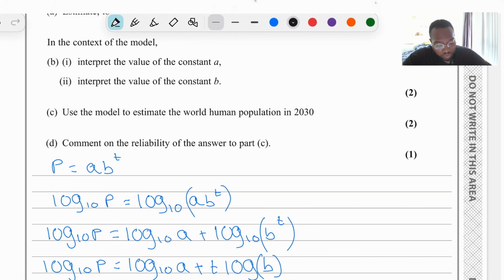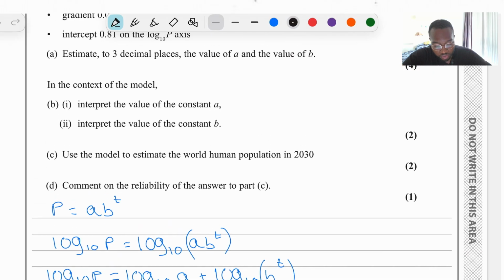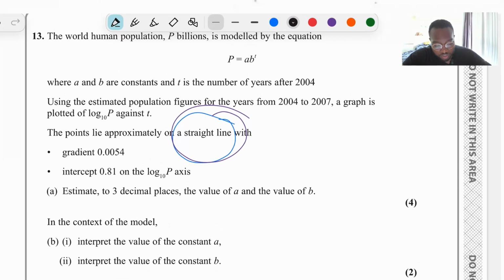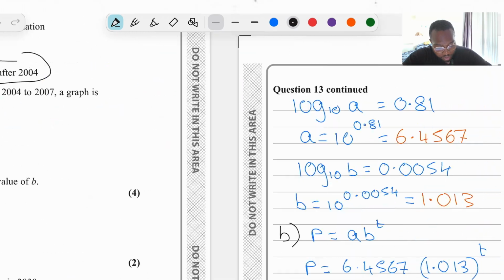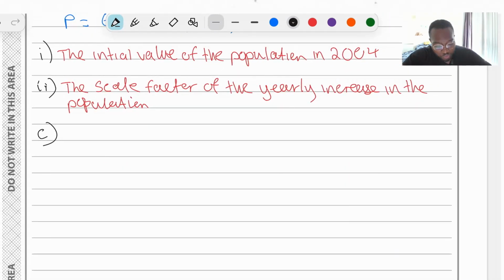For part C, we need to use the model to estimate the world human population in 2030. So what we need to do is work out what a t value would be in 2030. Well, if t is the number of years after 2004, we know that when t is 1, that's 1 year after 2004, and then when t is 2, that's 2 years after 2004, so 2006, and so on and so forth. So t would have to be 26, okay? So if t is 26, then we just put that into our formula.